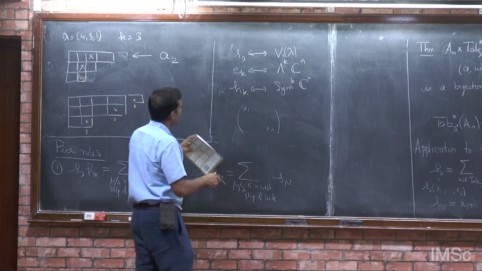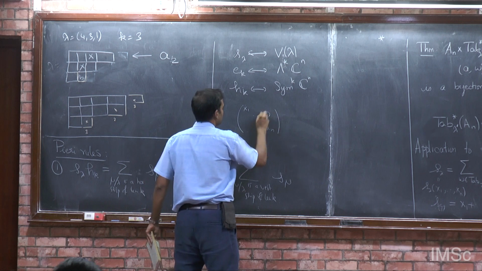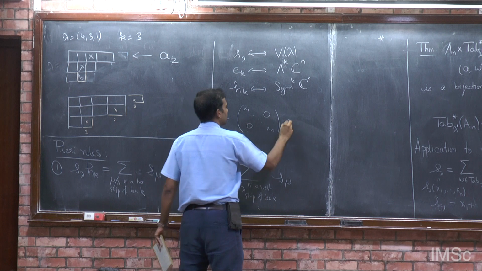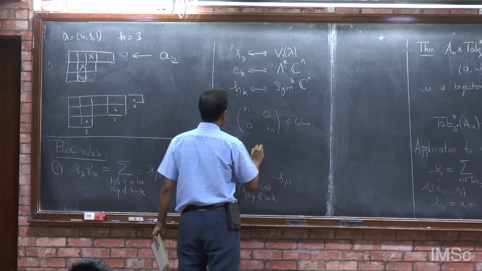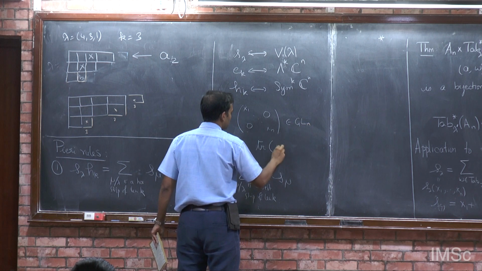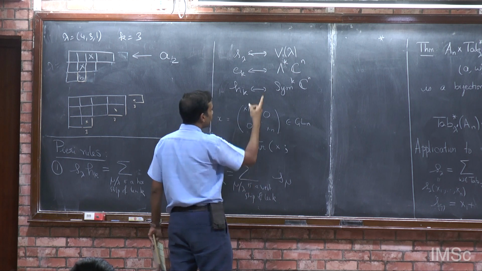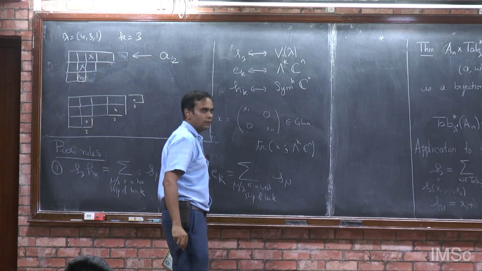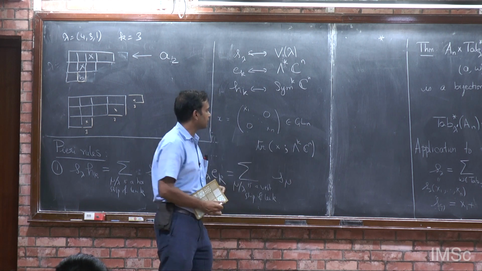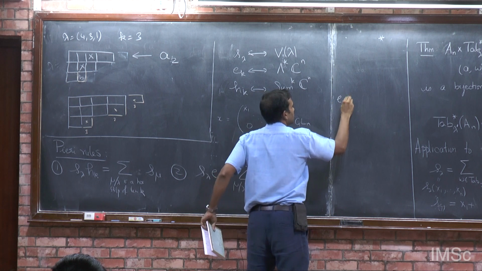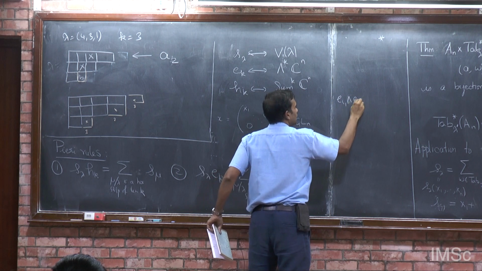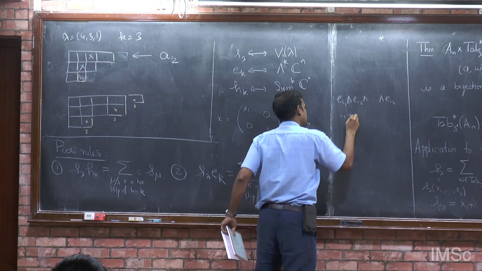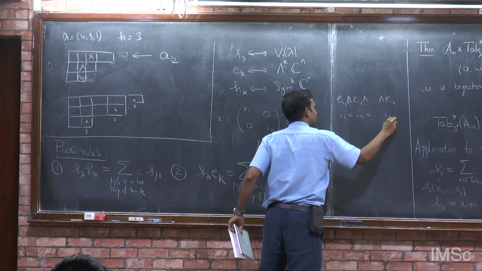So you take a matrix like this in GL n. I'll just call it X. Then you compute the trace of X for its natural action on wedge k C^n. So you know what a basis of wedge k C^n is. It's e i1 wedge e i2 wedge ... wedge e ik, where i1 less than i2 less than ... less than ik.